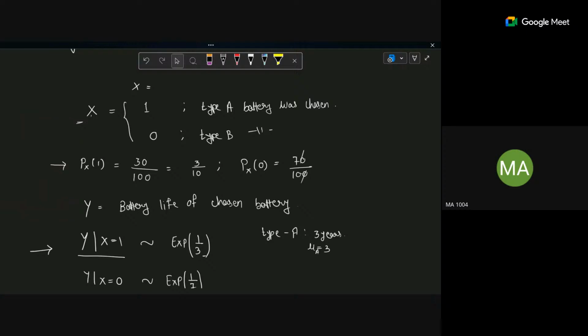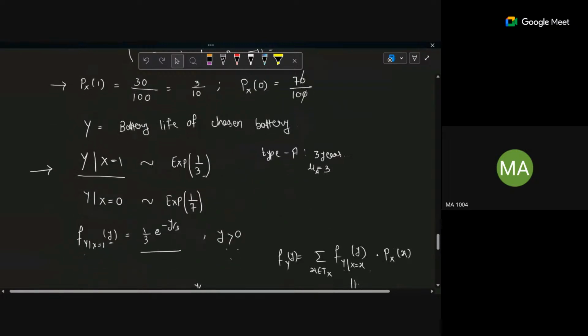So for that, we define two random variables. One random variable is picking up the battery. That was our Bernoulli random variable, where 1 was success, that is you have chosen battery of type A, and 0 is failure, you chose the battery of type B. Then we calculate the probability as given in the question. Then we define the random variable Y, which denotes the battery life of a chosen battery, and the lifespan was given to us, and also given that it was exponentially distributed.